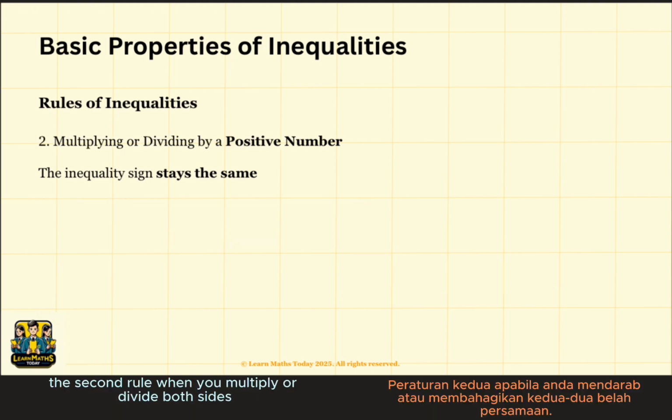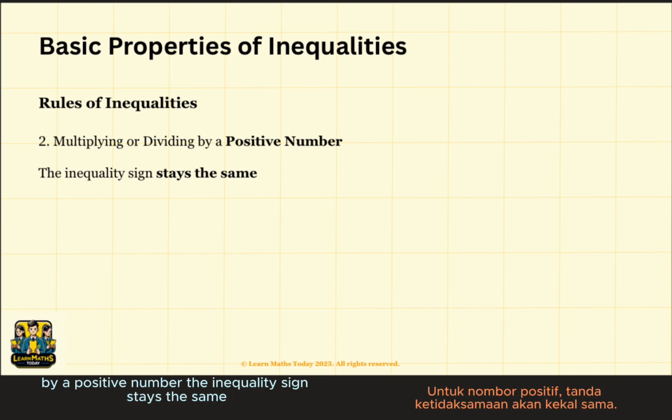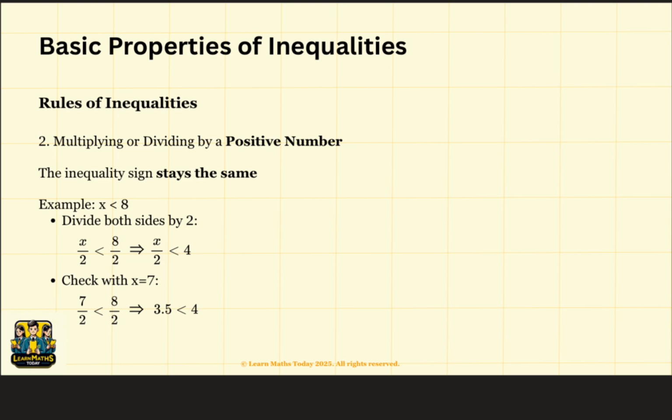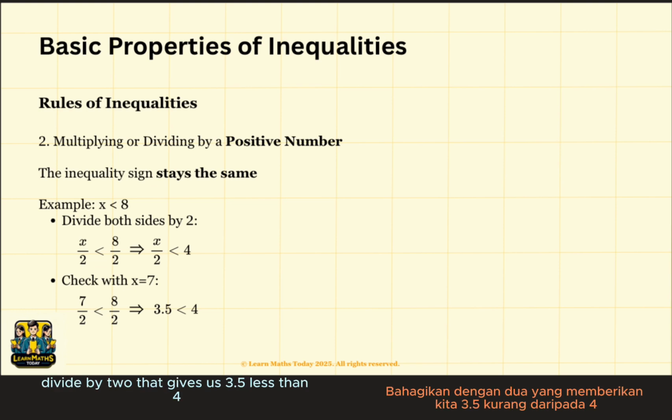The second rule: when you multiply or divide both sides by a positive number, the inequality sign stays the same. Let's take x less than 8 as an example and divide both sides by 2. That gives us x divided by 2 less than 4. Let's check with x equals 7. 7 divided by 2 less than 8 divided by 2.